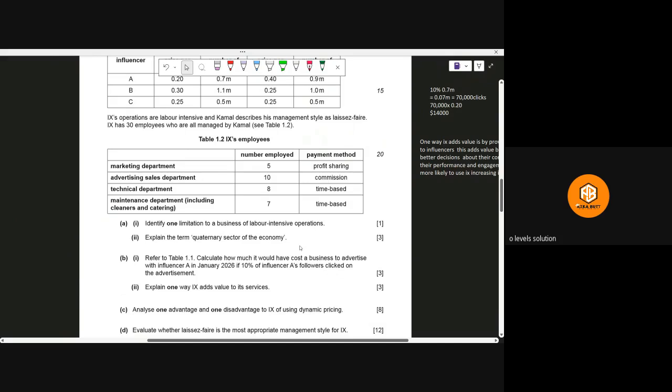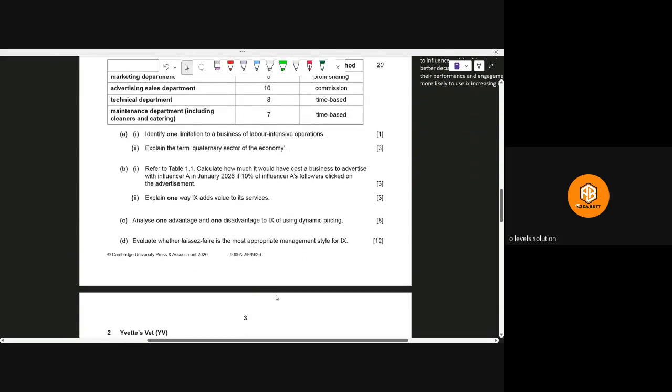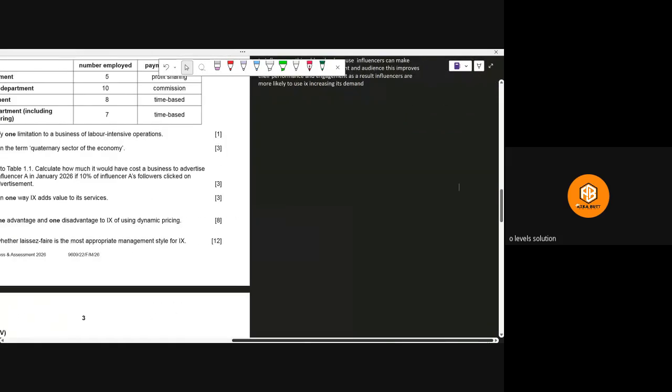That's why. Then, analyze one advantage and one disadvantage to IX of using dynamic pricing. Okay.